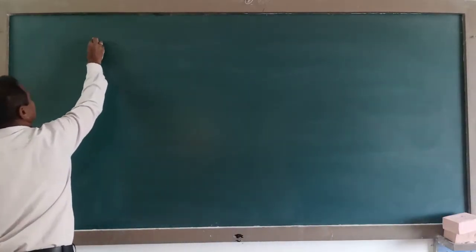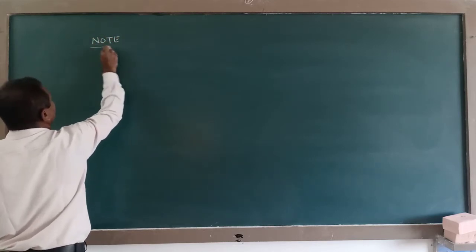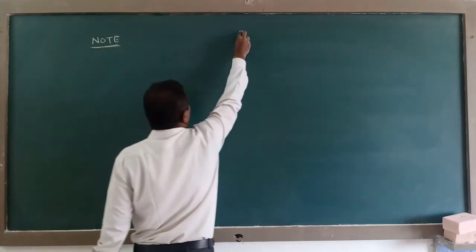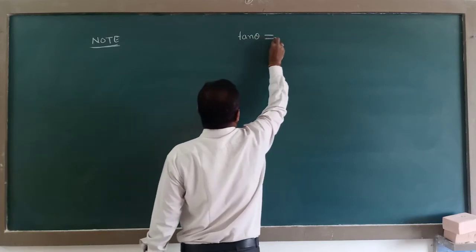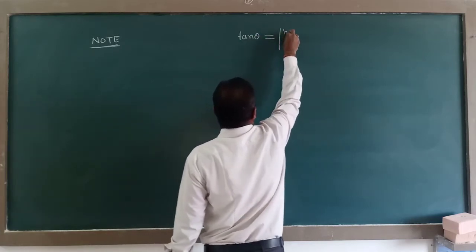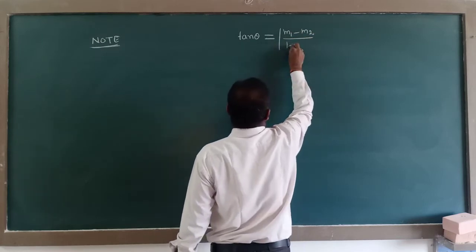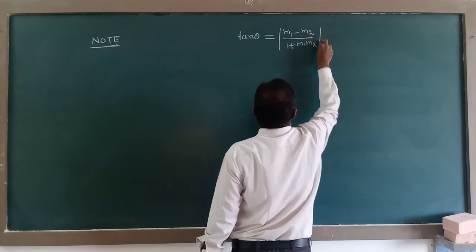Notes. We already have this formula: tan theta is equal to modulus of m1 minus m2 whole divided by 1 plus m1 into m2.